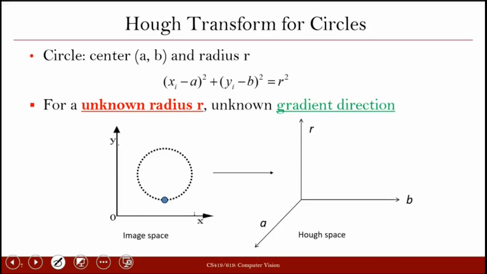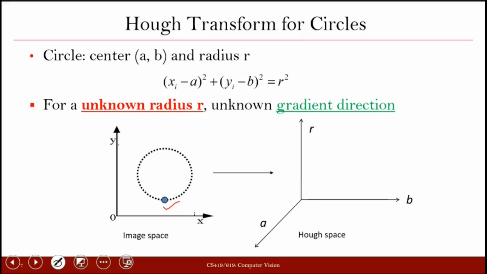Okay. So now here, for any given point, let's say this xi, yi, we have to consider all the possible values of A and B, and also for R. So for simplicity, we can assume that R initially has, let's say, 0 value, then R is increased to 1, then to 2 and 3 and so on. So incrementally we increase the value of R, and for that particular value of R, we search the image space.